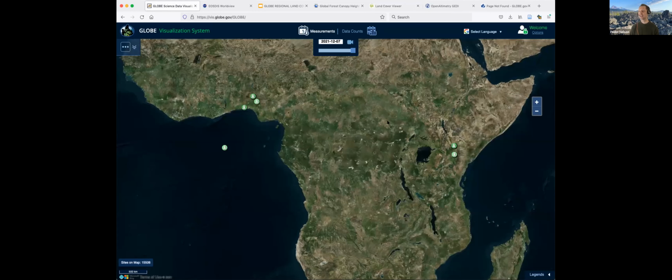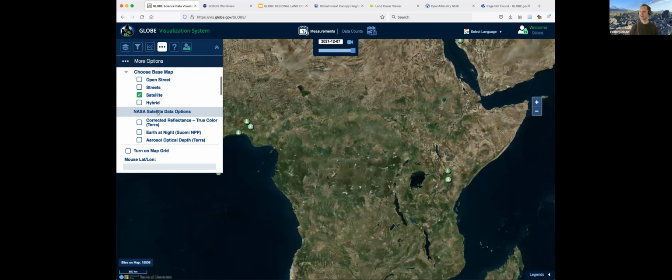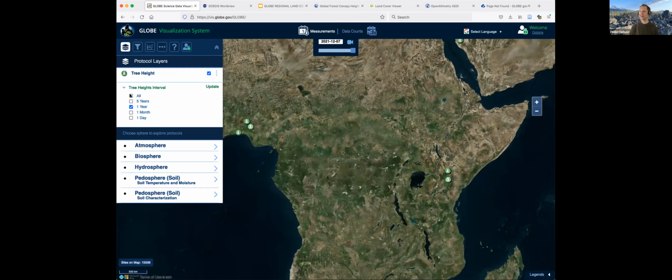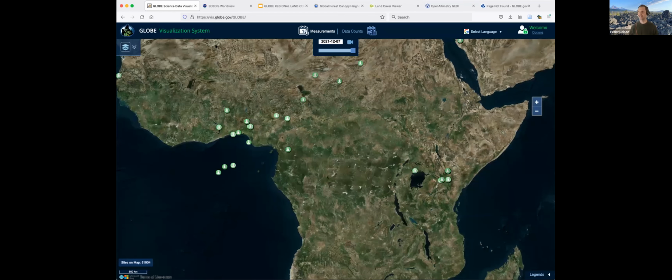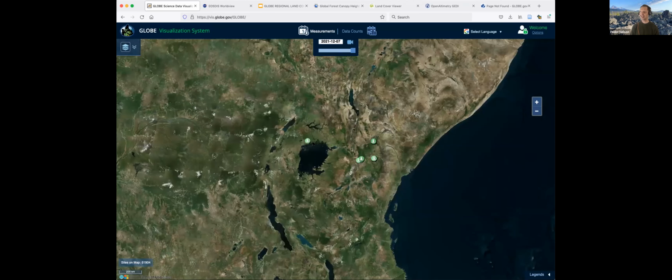And so I go back to the GLOBE database and look at the data that we have across all 20 years in the GLOBE program. I look and I go, well, where is Kilimanjaro?